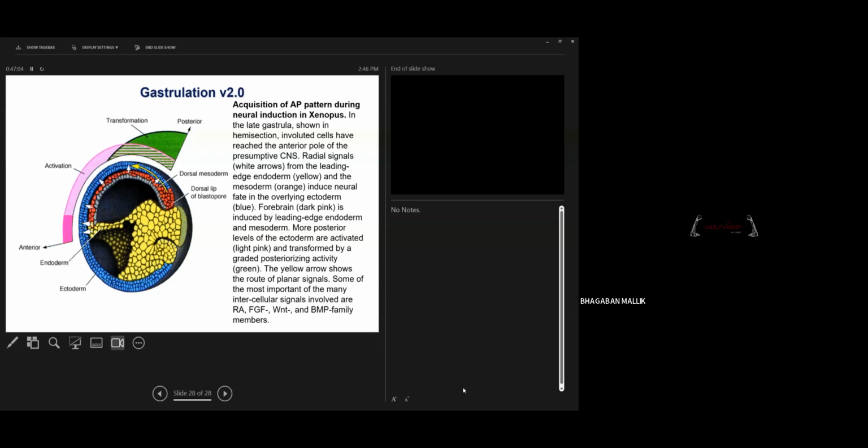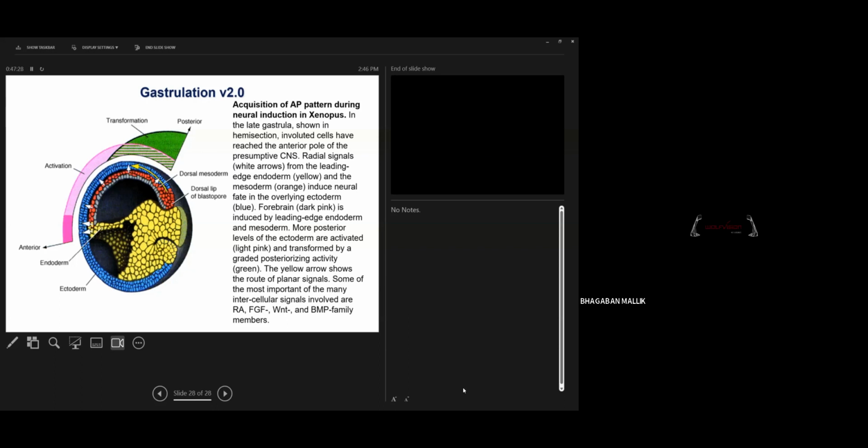One is the generation of the radial signal. These are the white arrows. You can see these are the radial signals. At the leading edge of the ectoderm, endoderm, and mesoderm, you have a generation of this radial signal that forms the anterior axis of the animal, which further develops into forebrain.